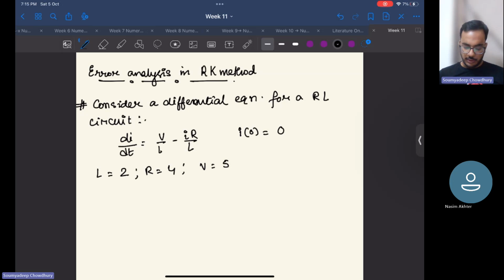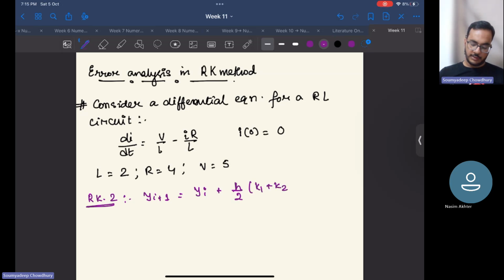Okay. So let us just recall what the RK2 method is. In the RK2 method, the iterating equation is y(i+1) = y(i) + h/2 (k1 + k2).